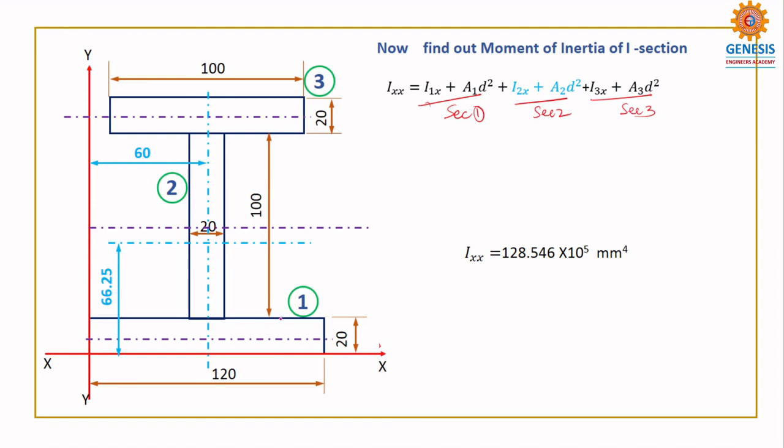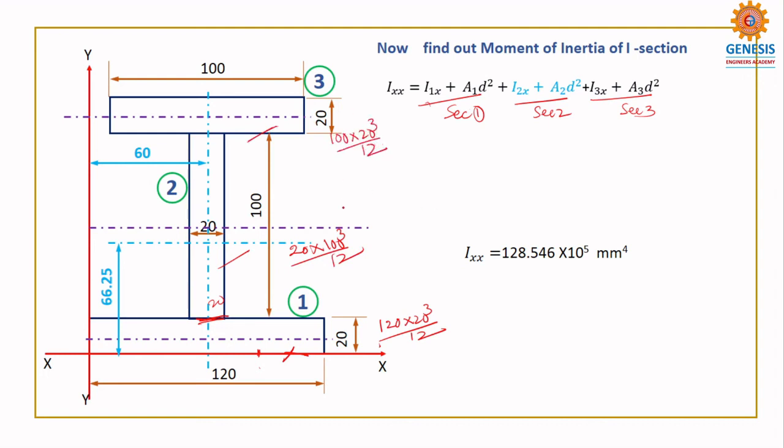So I am coming like this. The first dimension is 120, so I can write 120 into 20 cube by 12. The first dimension here is 20, so this is 20 into 100 cube by 12. And this is 100 into 20 cube by 12.